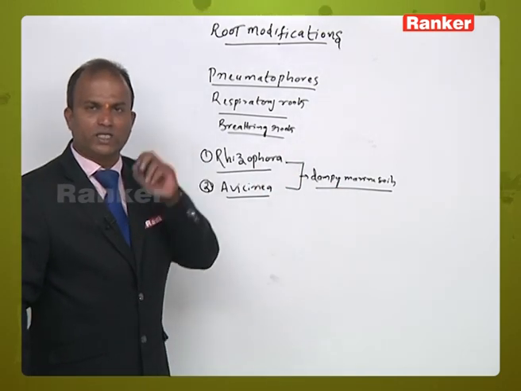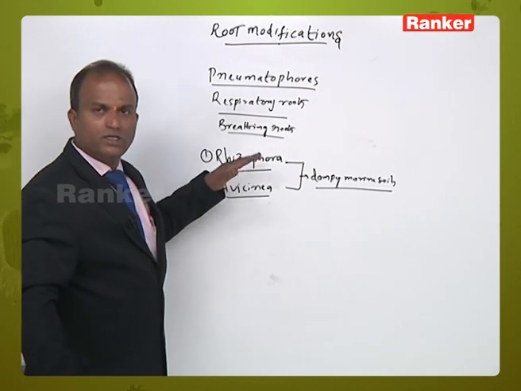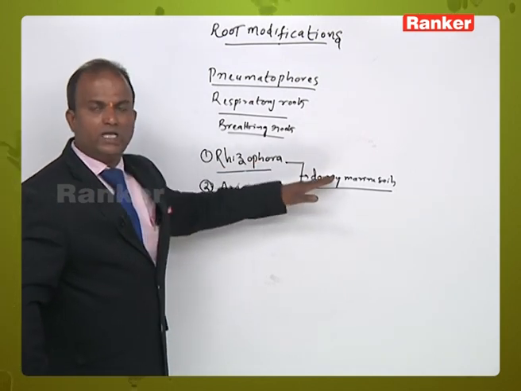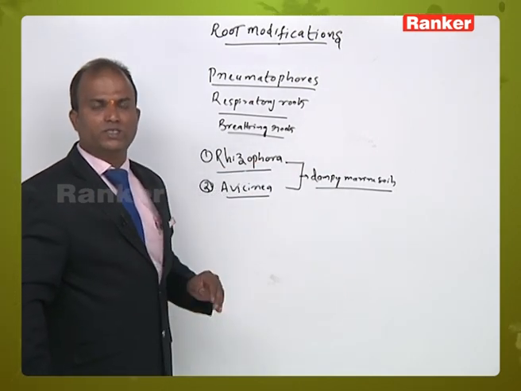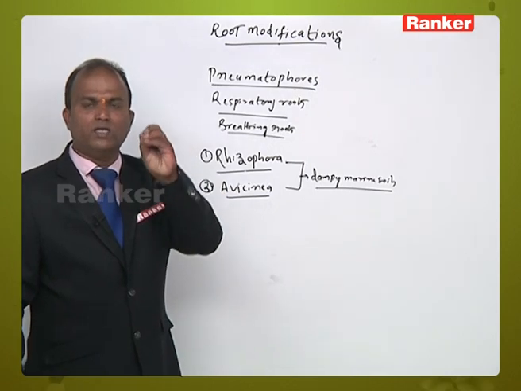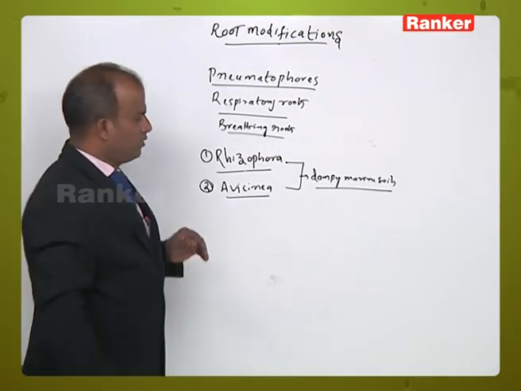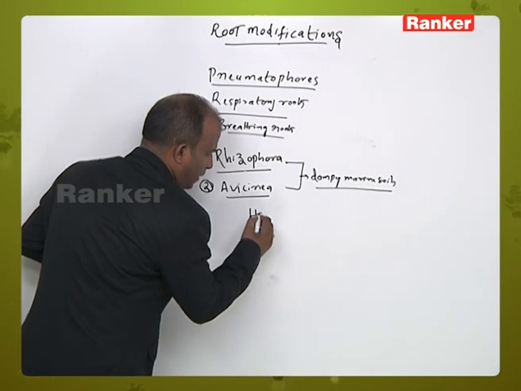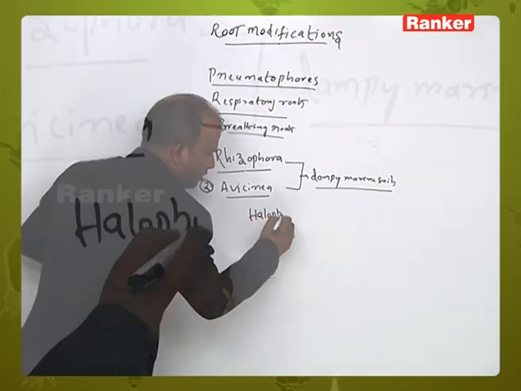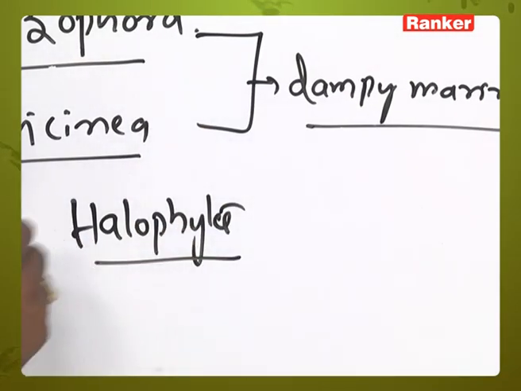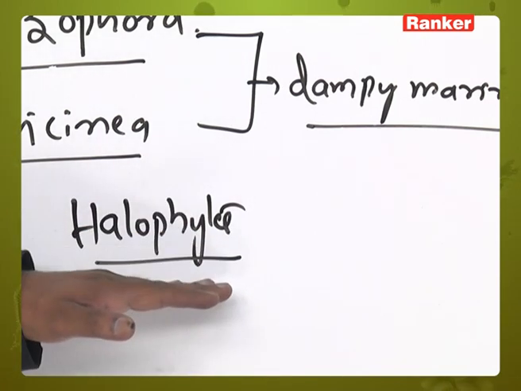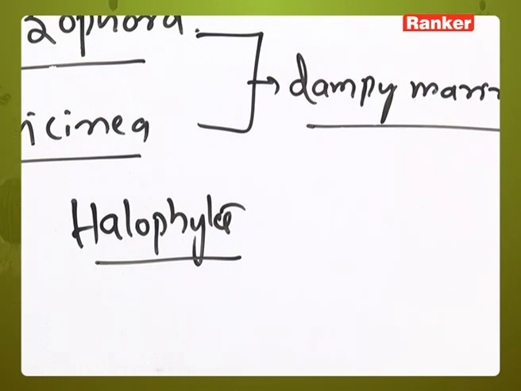As Rhizophora and Avicennia are growing in salty water, can we call them halophytes? Yes. What is meant by halophytes? The plants which are growing in marine water or salty areas are nothing but halophytes.